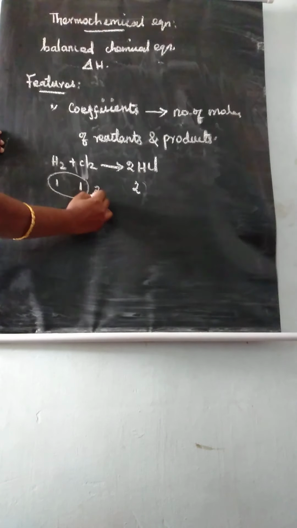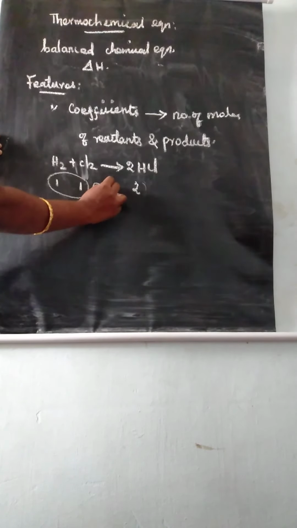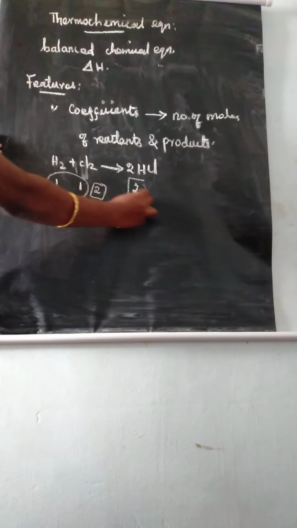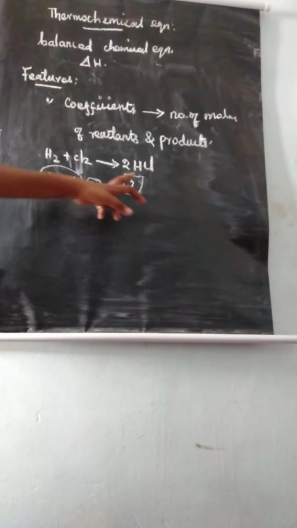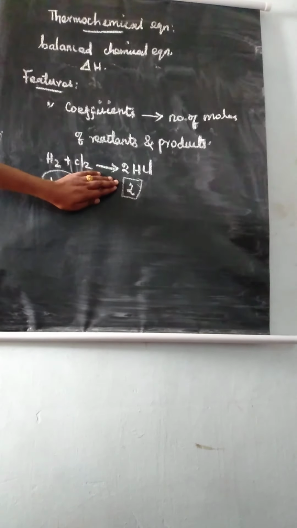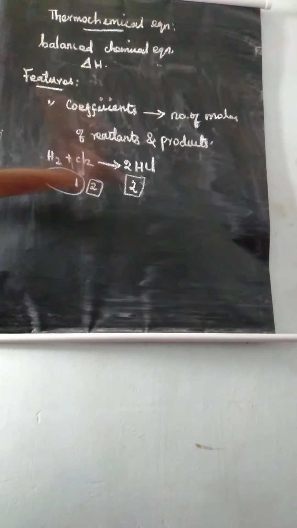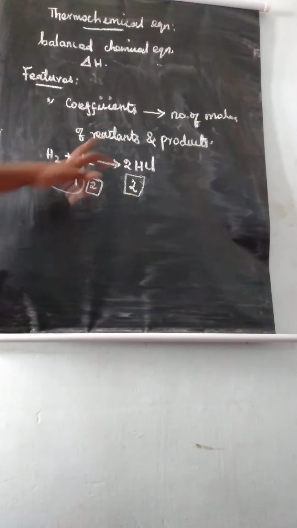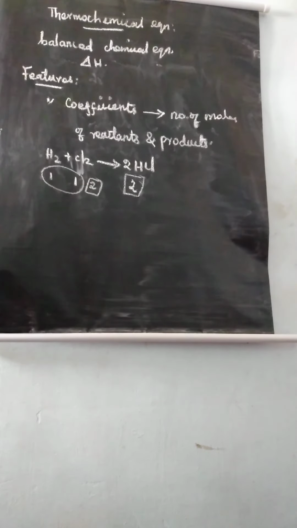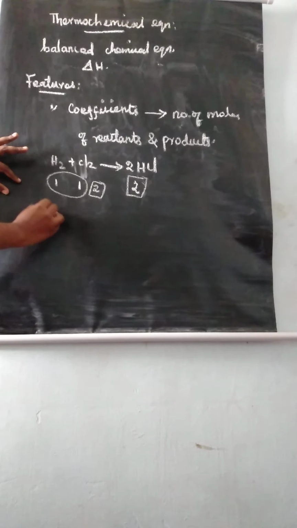So the first point, coefficients in a balanced chemical equation refer to the number of moles of reactants and products. Understand?